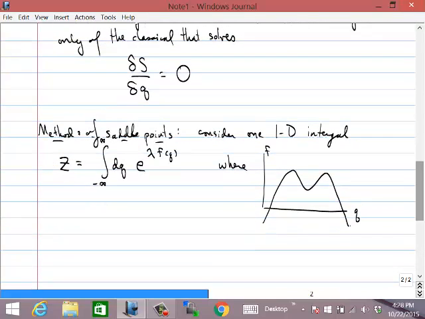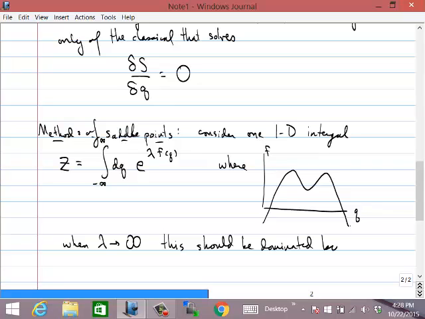So now, of course, in general, this integral may be impossible to do. But I want to perform this integral in the limit where lambda gets very large. Now, when lambda gets very large, this integral should be dominated by the maximum of the function f.